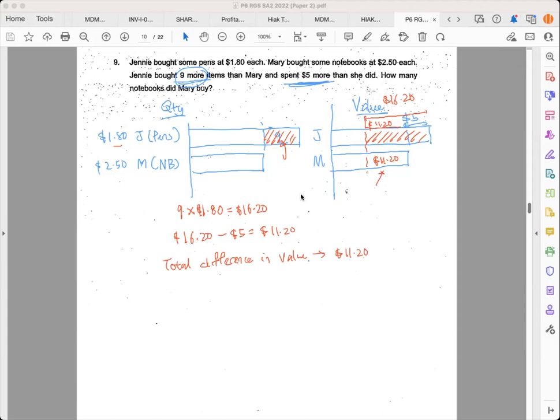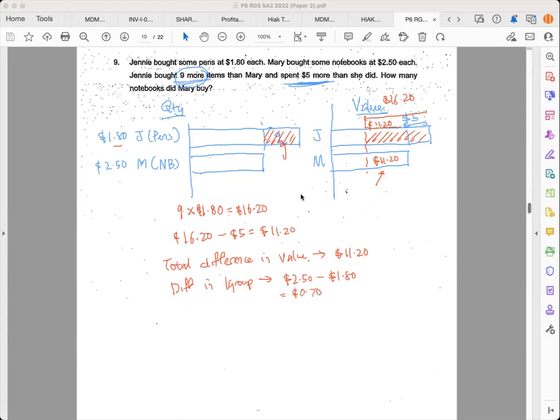This is made up of equal numbers. This $11.20 is the total difference between an equal number of pens and notebooks. The difference between 1 pen and 1 notebook, I call it the difference in one group, is 250 minus 180, and that will give you 70 cents.